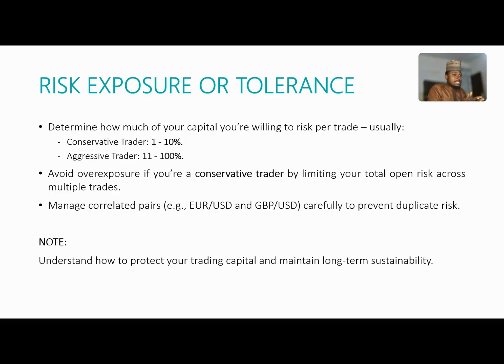If you are a person that likes risking 1%, and you take a trade on both EURUSD and GBPUSD, you should risk 0.5% on each of them. Because if one hits SL, the other one is going to hit SL. If one is a winning trade, the other one could be a winning trade.